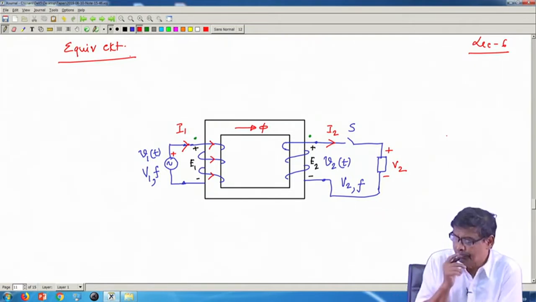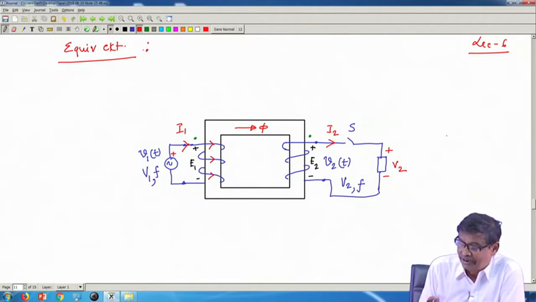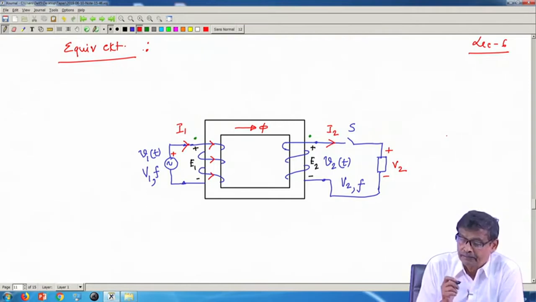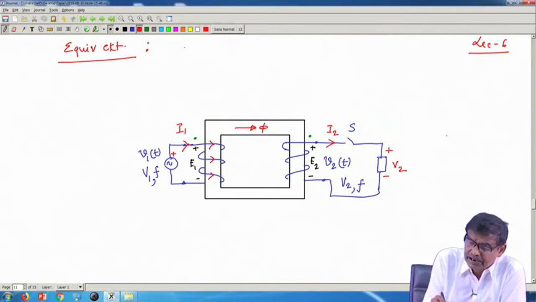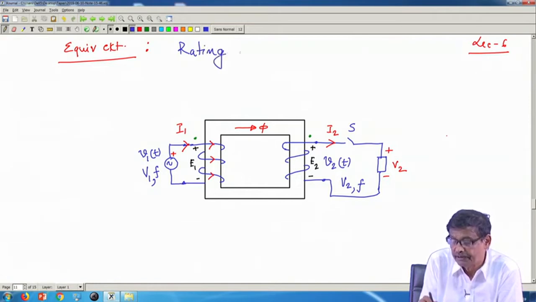Now I will tell you that it is because of this fact that the volt-ampere product remains the same. Let me tell you about the rating of a transformer. How should the rating be specified?